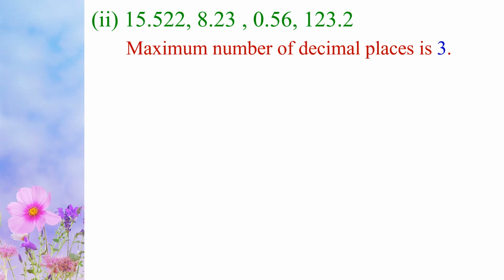Now convert unlike decimals into like decimals by adding 0 to the extreme right. First one, 15.522. Here the decimal part has 3 digits, so that is already a like decimal: 15.522.